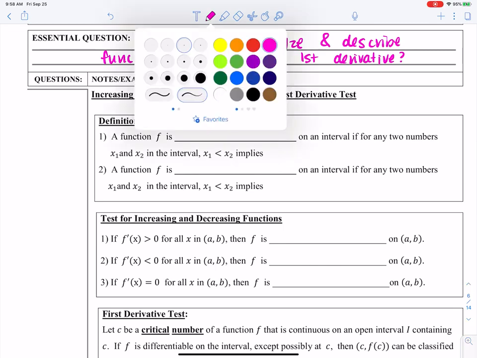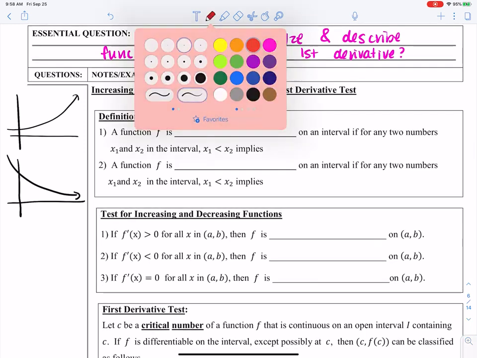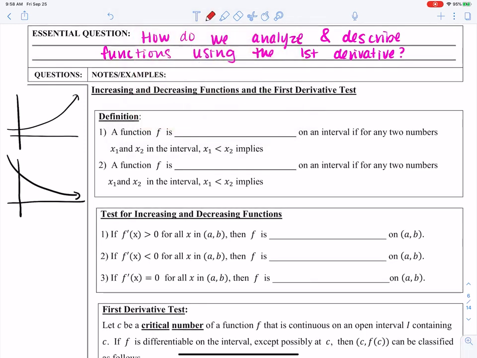So let's think about a typical increasing function, maybe something like an exponential function, and a typical decreasing exponential function. I can clearly see that on this increasing exponential function, everywhere I would go to draw a tangent line, the slopes would be positive.